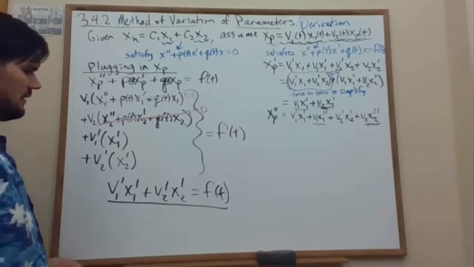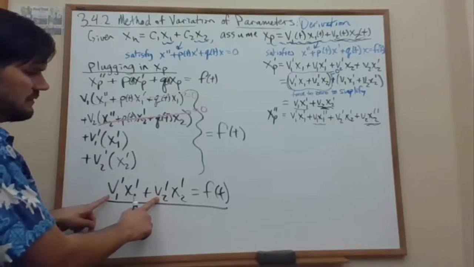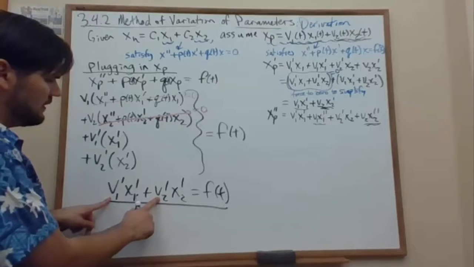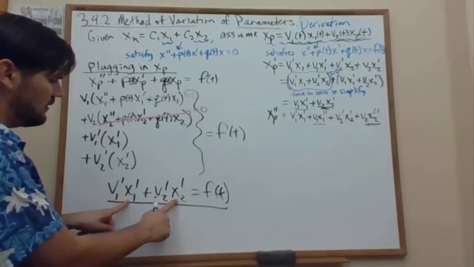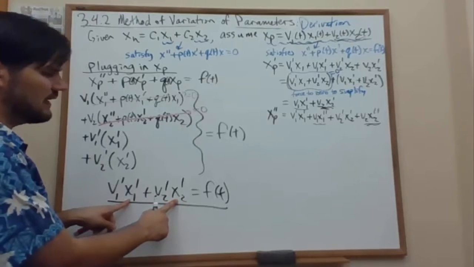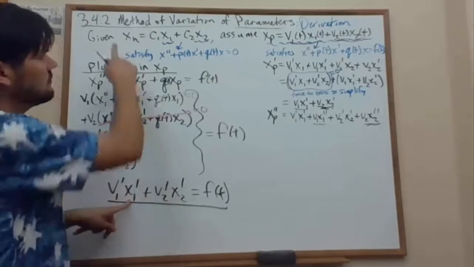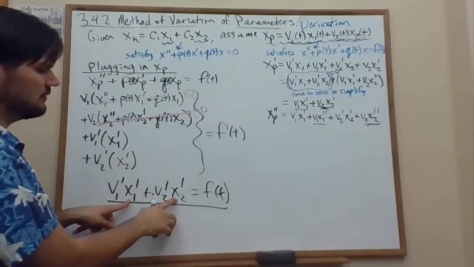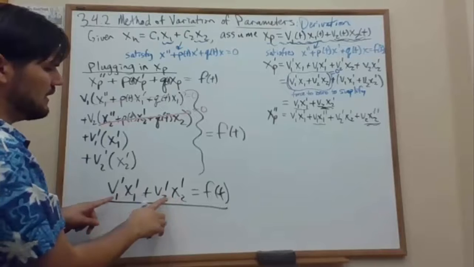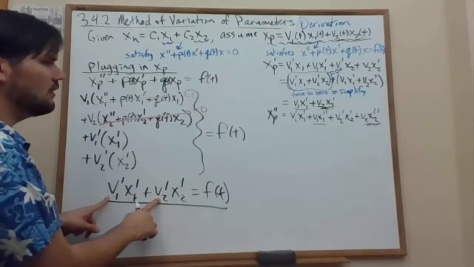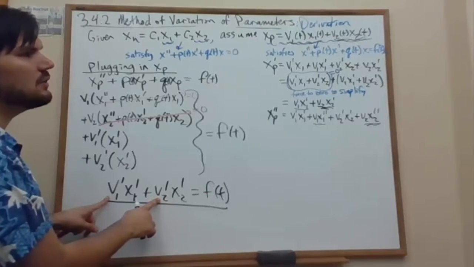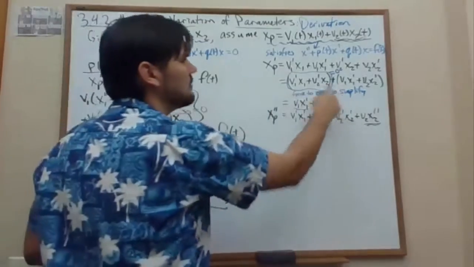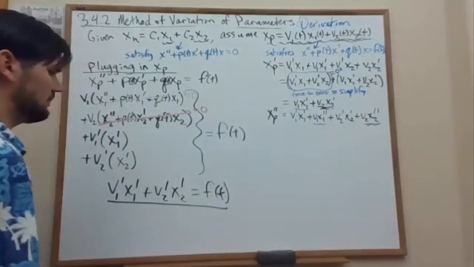And this is written in terms of the derivatives of the two unknowns, v1 prime and v2 prime, multiplied by x1 prime and x2 prime. But we know x1 and x2, assuming that we're given the solution. So we have one equation and two unknowns. Oh, wait a second. We actually have two equations because we have this condition we forced over here.